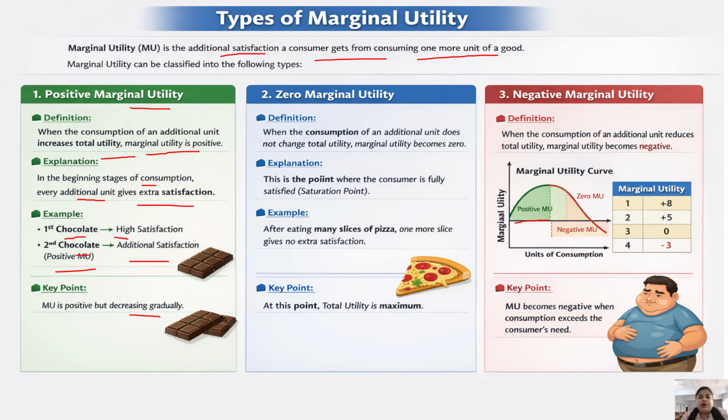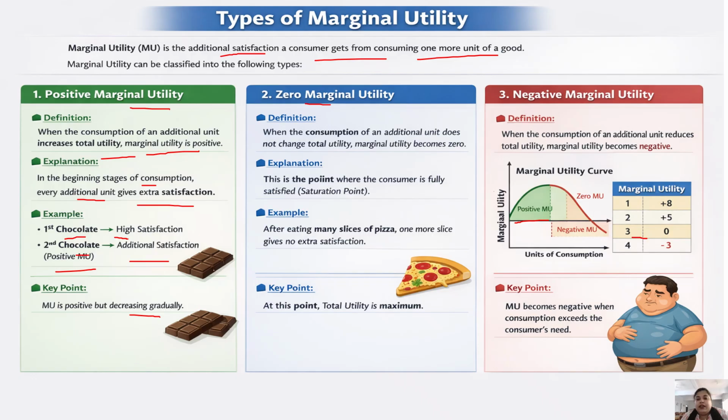Then when we talk about zero marginal utility, it means the consumer is fully satisfied and no consumption is required. So here there is no change in the total utility, where marginal utility becomes zero, because after reaching the saturation point, the consumer is fully satisfied, there is no change in the total utility and MU is zero.